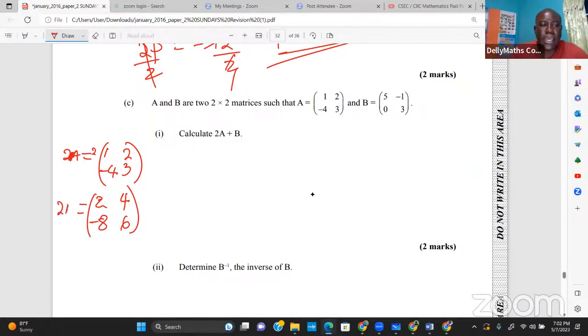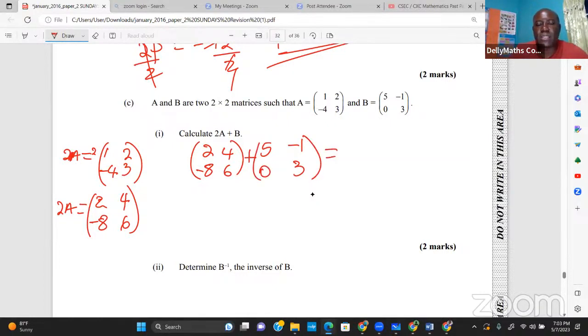So that is 2A. We're supposed to add 2A to B. The B matrix is 5, minus 1, 0, and 3. Adding these corresponding spots, 2 plus 5, 4 plus negative 1, negative 8 plus 0, 6 plus 3.